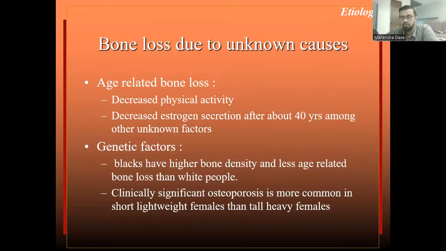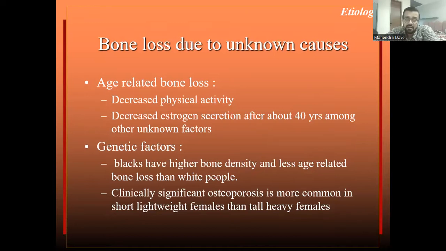Bone loss due to unknown causes, that is age-related bone loss and decreased physical activity. As age progresses, the patient is unable to move swiftly because there is not so much energy in the body, so the patient is less physically active. Decreased estrogen secretion after 40 years, among other unknown factors.